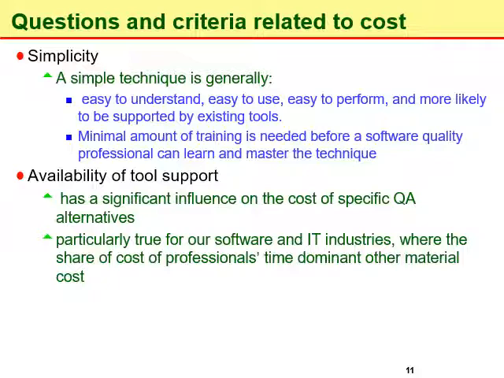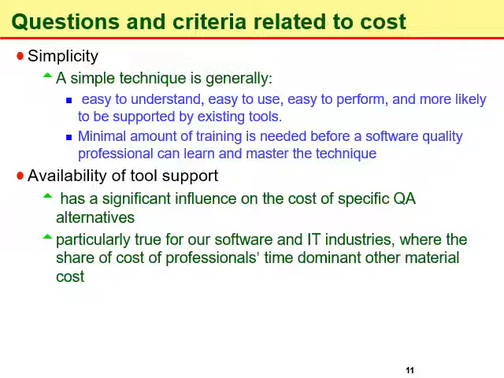Then availability of tool support. In fact, this is the second factor, and it has a significant influence on the cost of specific quality assurance alternatives. This is particularly true for our current software industry, where the share of and the cost of professionals' time is dominant over the other costs, such as the material costs.